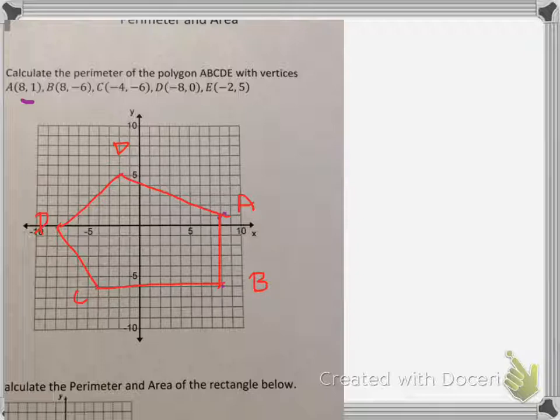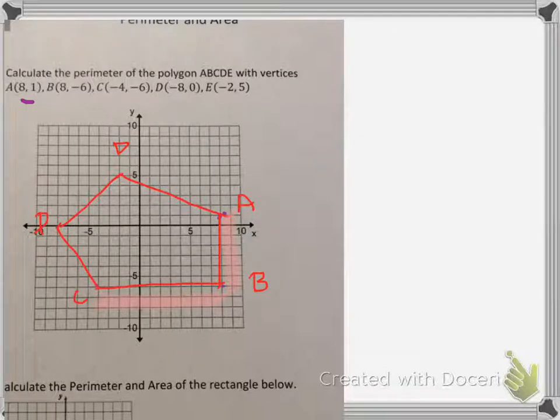That's just a lot of work. If you notice this one right here that is straight down and this one right here that goes straight over, those 2 distances I can just count. I can count the spaces between one point and the other. So we're going to count those, and then the other ones we have to find the distance formula from.